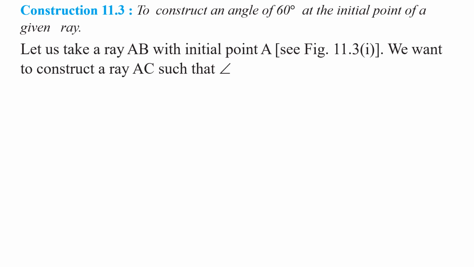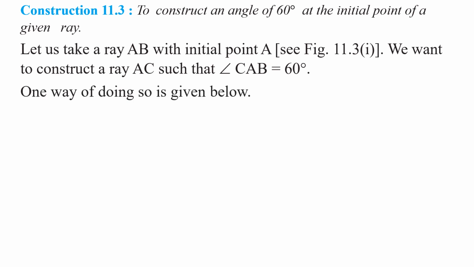We want to construct a ray AC such that angle CAB is equal to 60 degrees. One way of doing so is given below.